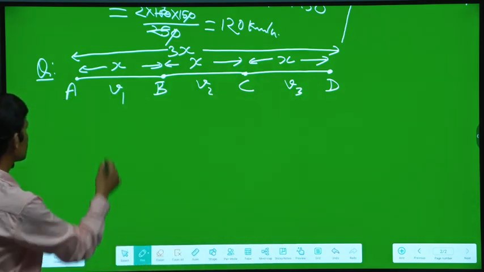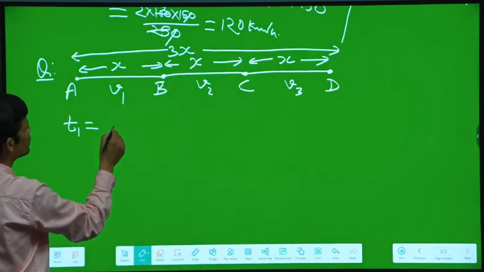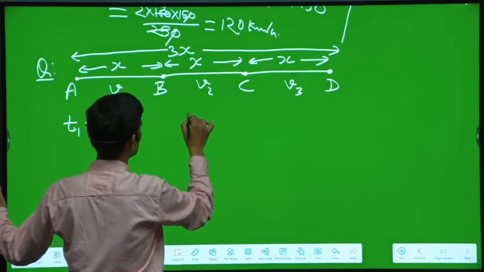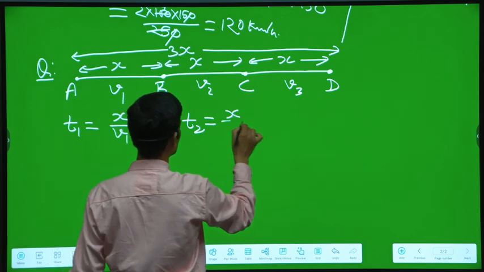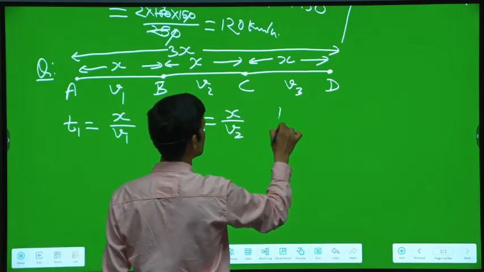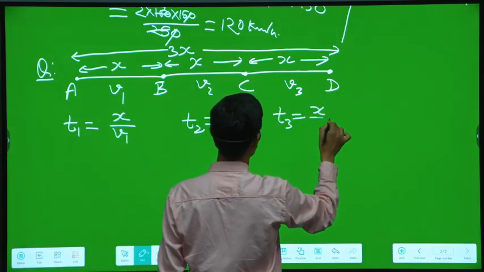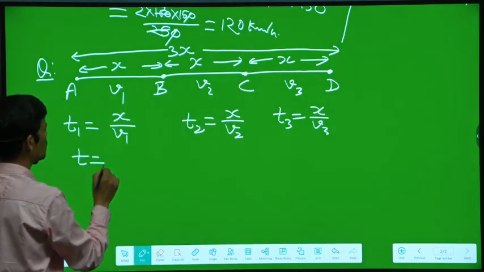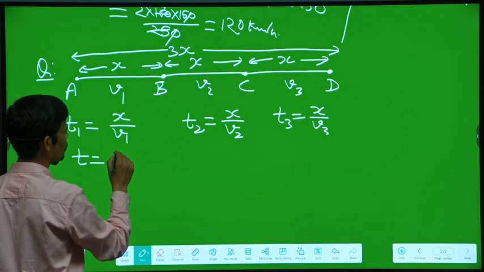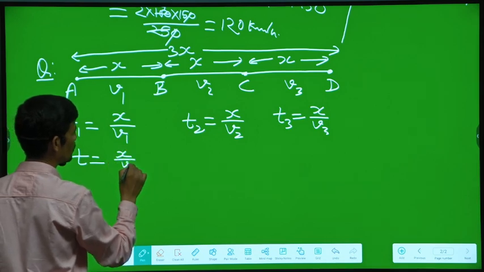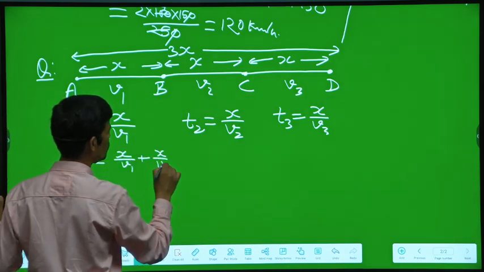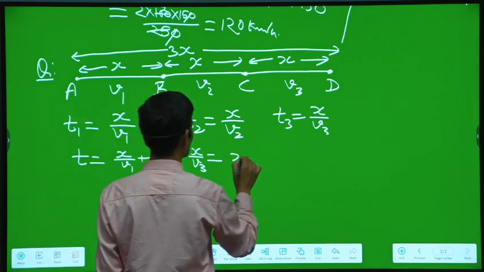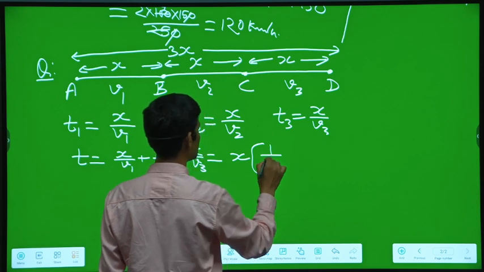Then time equal to distance upon speed. Here also distance upon speed, and here also distance upon speed. So total time t is equal to t1 plus t2 plus t3, so x upon v1 plus x upon v2 plus x upon v3. This time I'm taking x common.